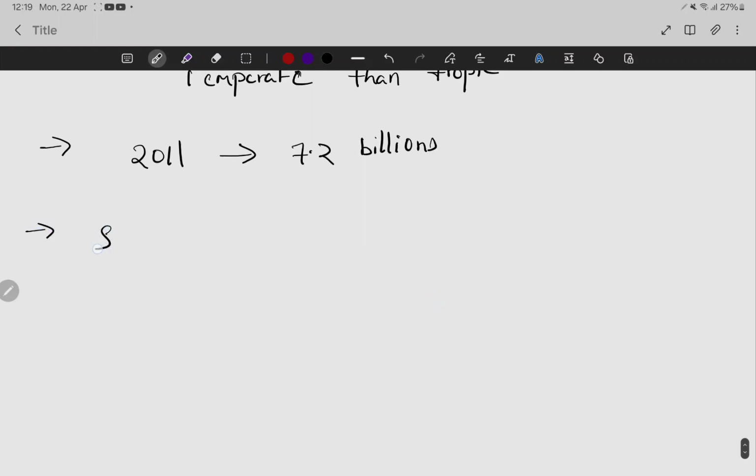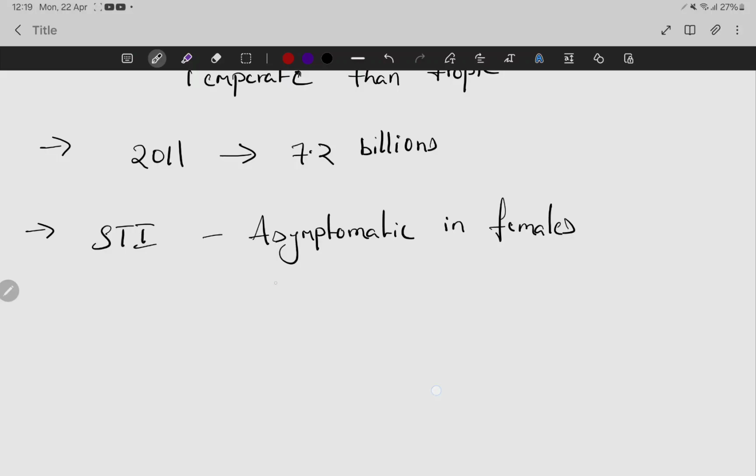So this is about STI. STI is asymptomatic in females. So females remain undetected for a long time.